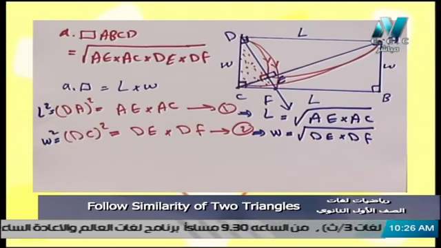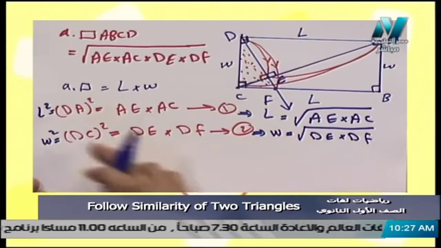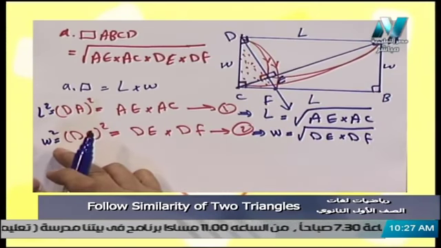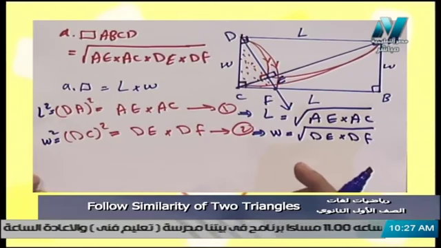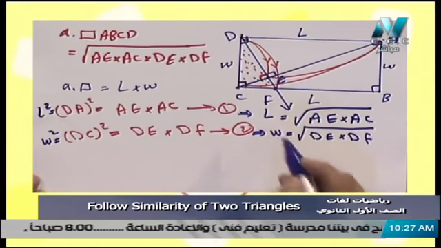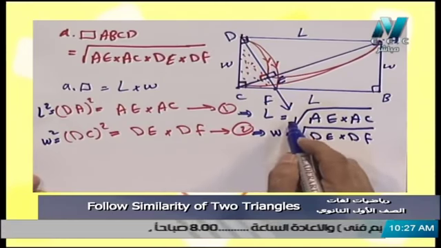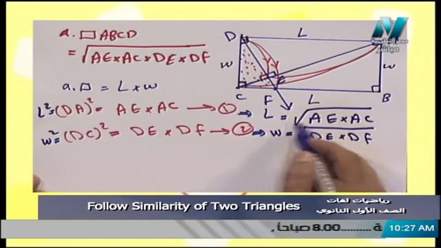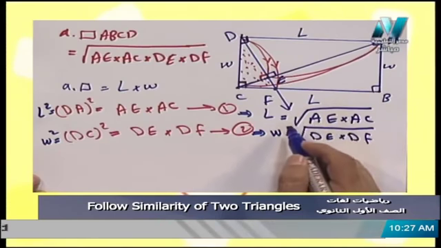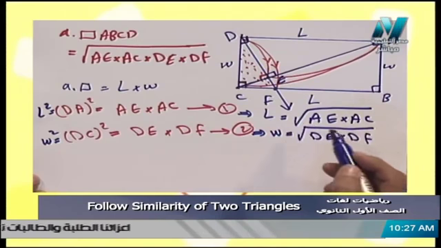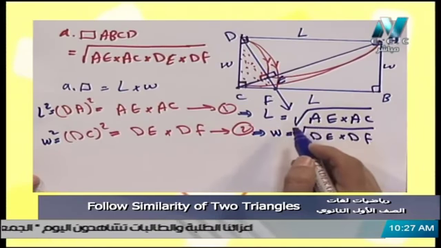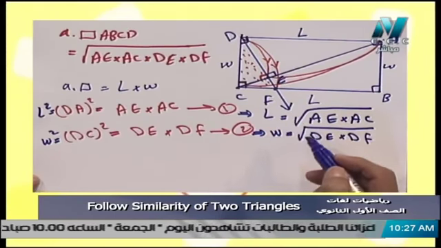We studied that length multiplied by width equals the area, and we said that L is positive or negative. We ignore negative because this square root deals with lengths. Our length cannot be negative.